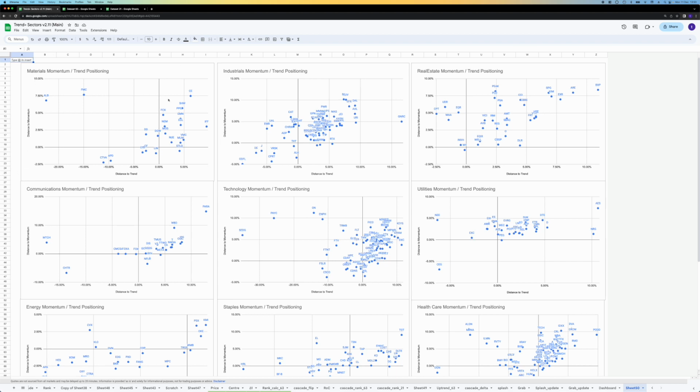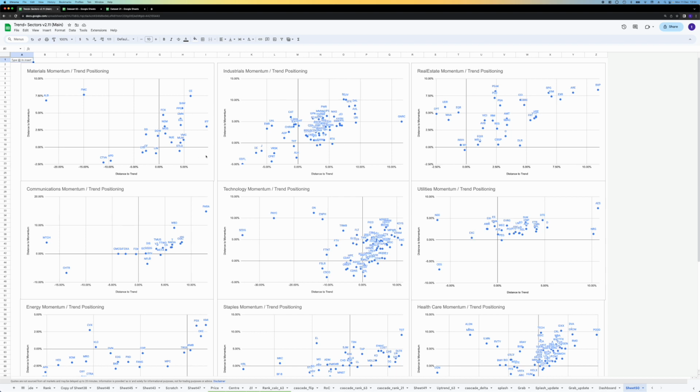So everything up in the top right is above trend, above momentum, and that's good. That's where we want to be picking from. Now, how long it's been up here goes into calculating part of the signal strength score. Just because it's up here doesn't mean it's definitely going to be along in the portfolio.